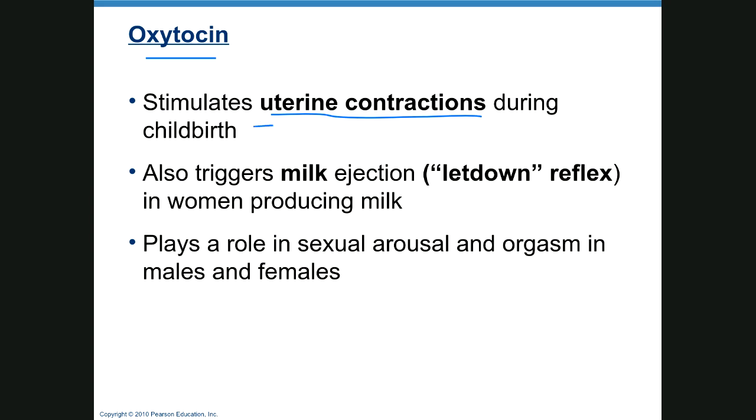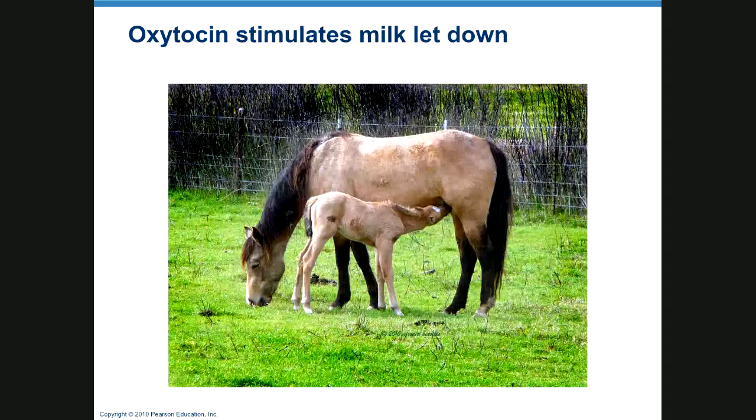It also triggers milk letdown, and also plays a role possibly in sexual arousal and orgasm. This is a foal that is nursing on its mother. As it suckles on the mother, it's going to cause milk letdown.